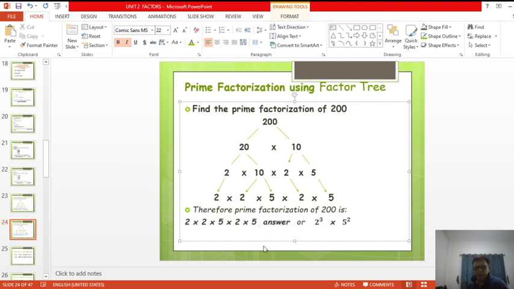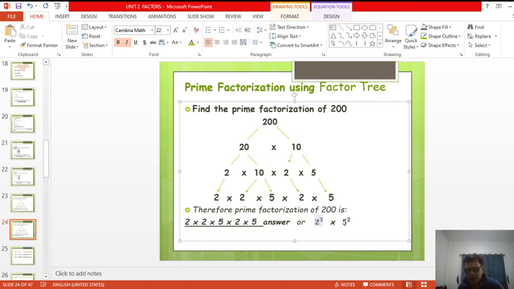Okay, and again, as I said, if I ask you to write in exponent form, that will be like this: 1, 2, 3. There's 3 2s here. So we write down 2 to the power 3. And how many 5s do we have? 1, 2.